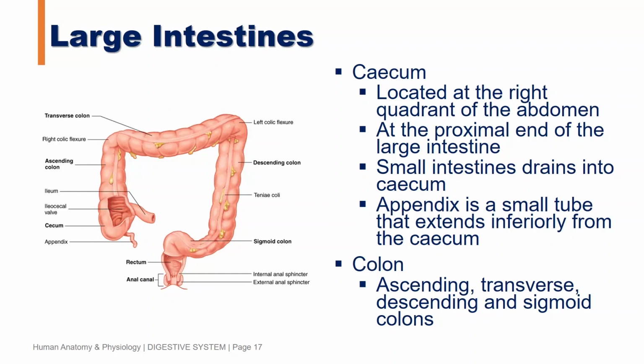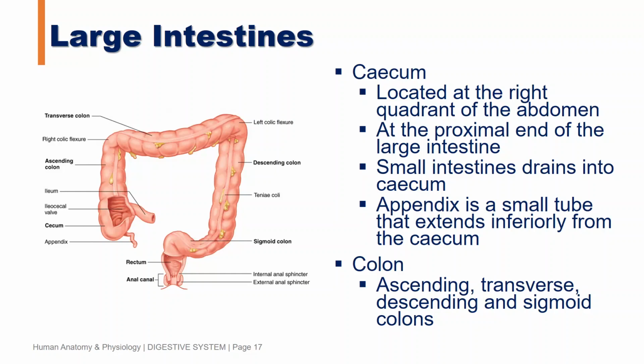And you have here your small tube, that is your appendix, and it extends inferiorly from the cecum. If it's inferior, remember in the anatomical terms, it means that it is below. Okay, pointing down, which is this one.